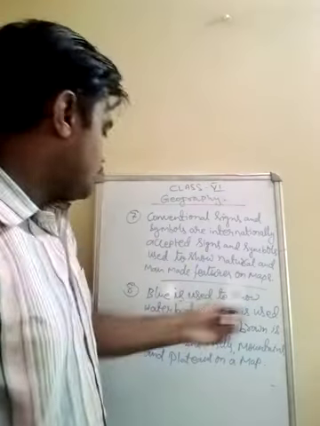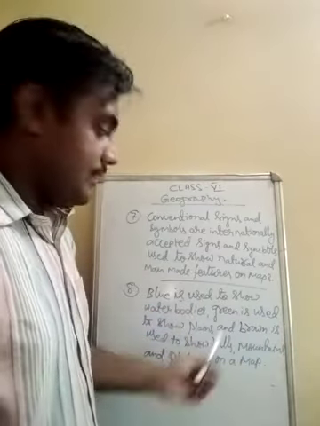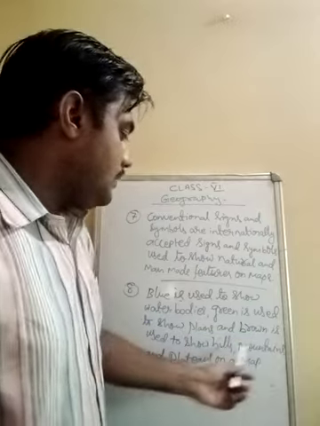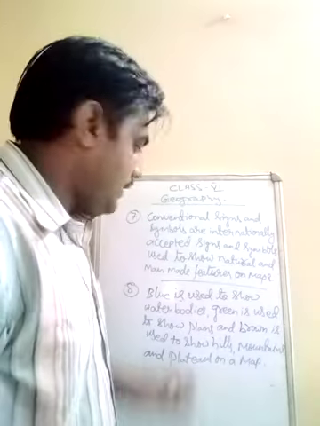Okay, so let's see. Blue is used to show water bodies, green is used to show plains, and brown is used to show hills, mountains and plateaus on a map. Alright, 3 different colors, 3 different modes.